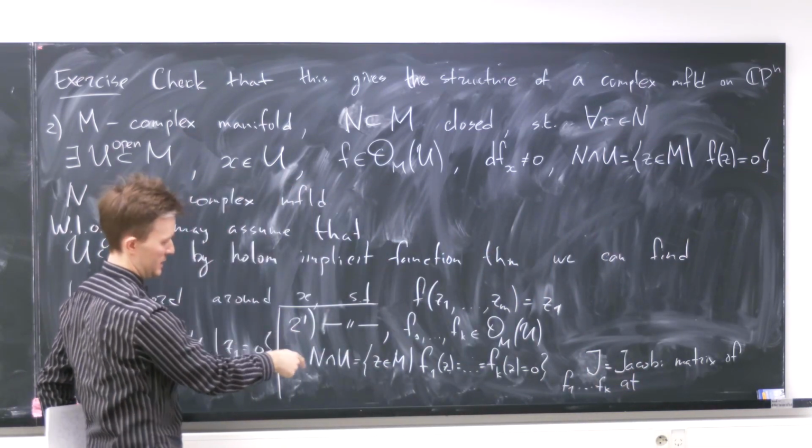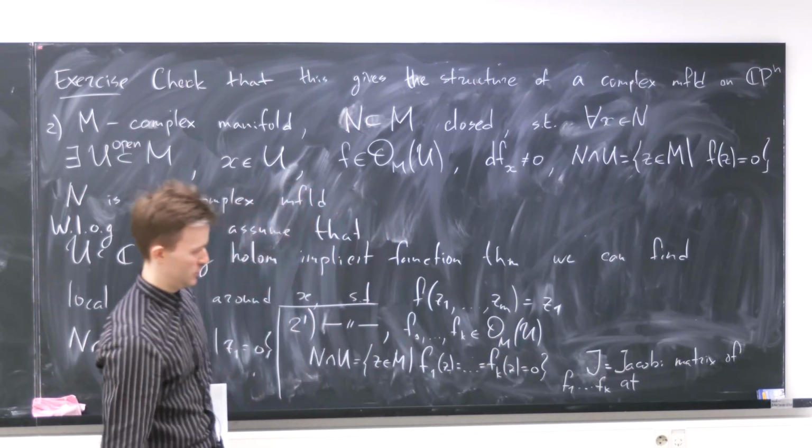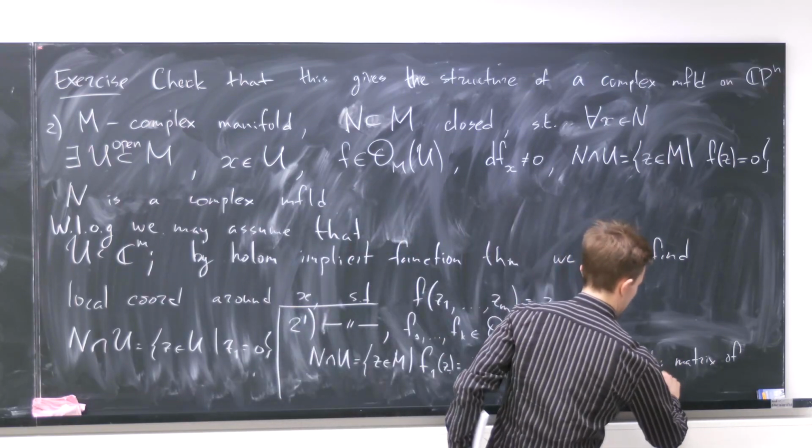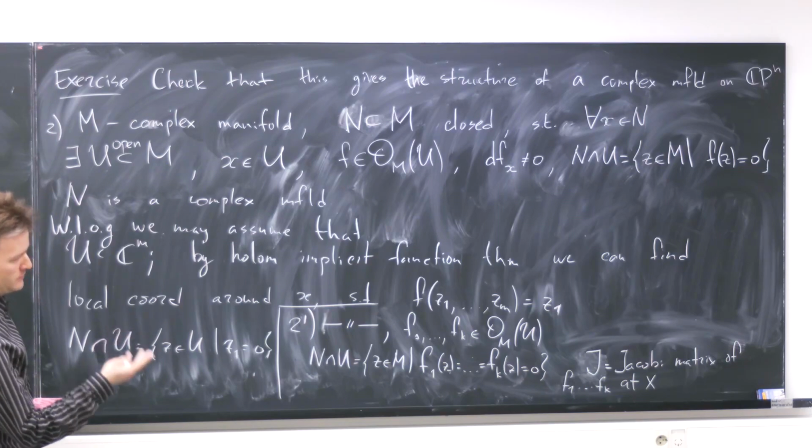So this is the point x around which I look at this neighborhood U. So the Jacobi matrix of this collection of functions at x should have rank k.